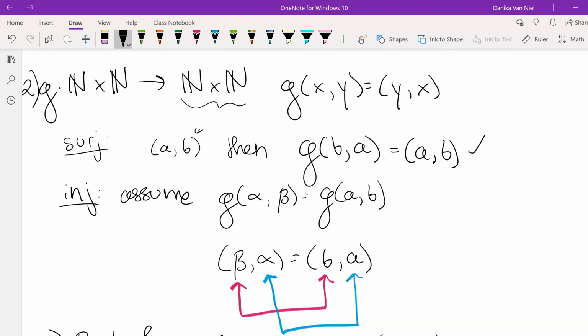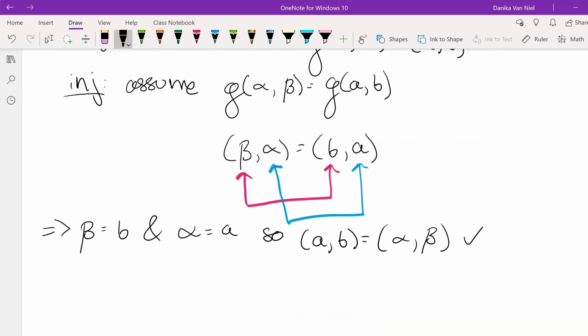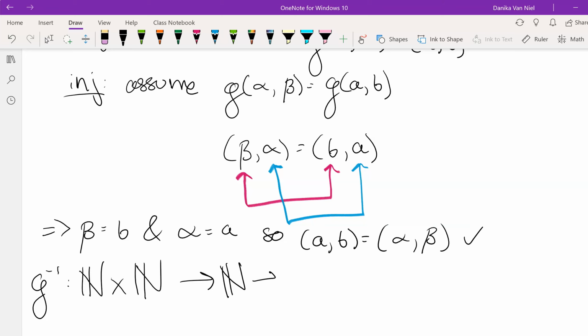Sorry, let me label it 2. All right, what would our g inverse be? First we need to think about where it's going, what its codomain and domain are.